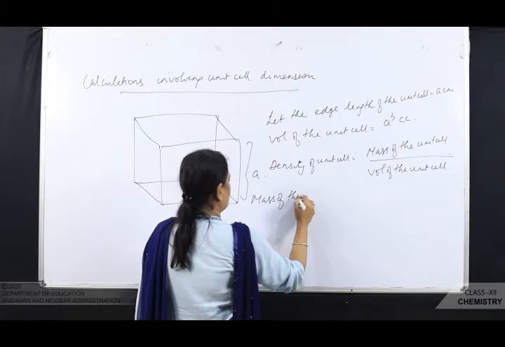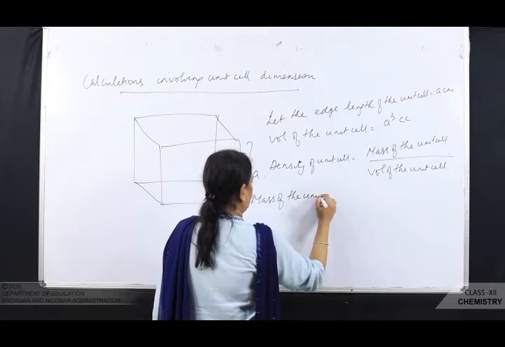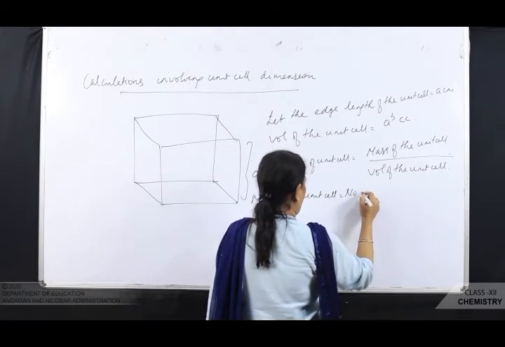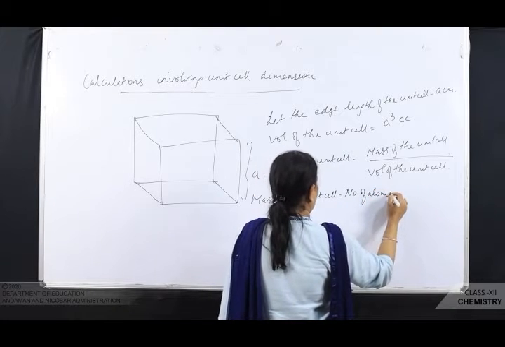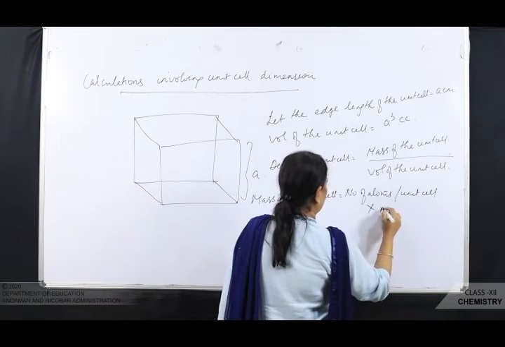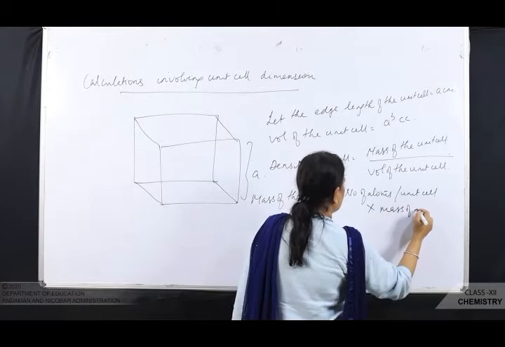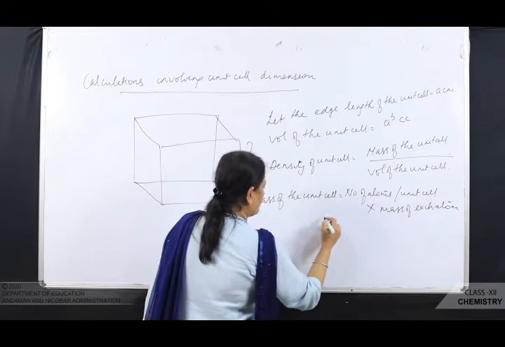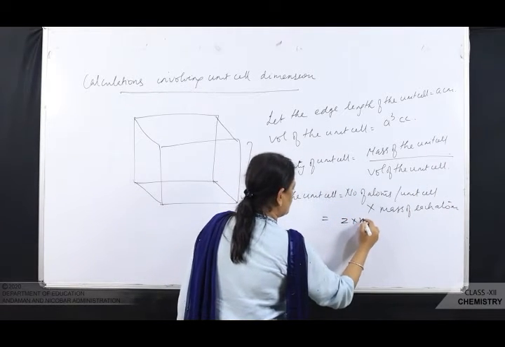Mass of the unit cell is equal to number of atoms per unit cell into mass of each atom. So, that I am going to write as Z into small m.